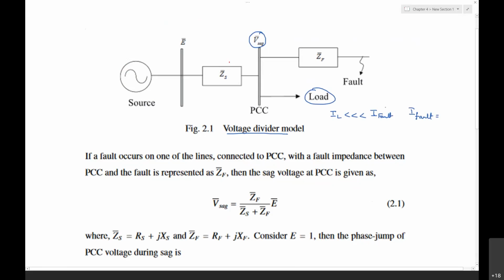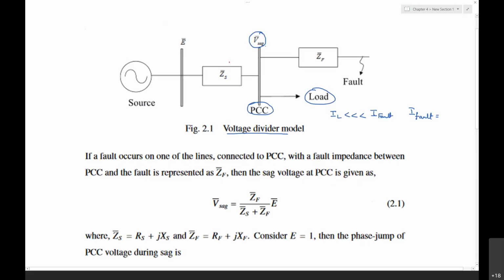We are interested in finding out this particular voltage, the sag voltage. This is the phasor. Once you find out the phasor, then you can say that the PCC voltage or the sag voltage has this phase.